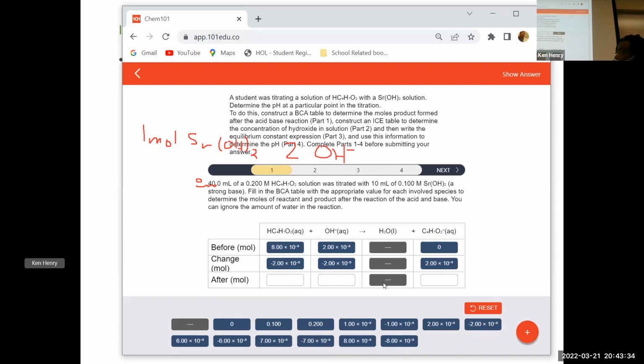Okay. So then what's left here? Okay. So now we're able to get to our next table.